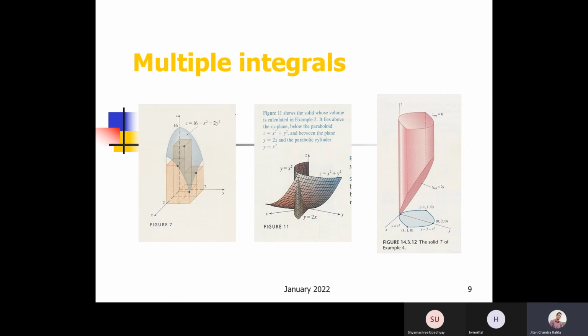Basically, we are going to deal with this kind of problems when we consider multiple integrals. Now, what I'd like to do is take you back to a review of the definite integral for a function of a single variable.